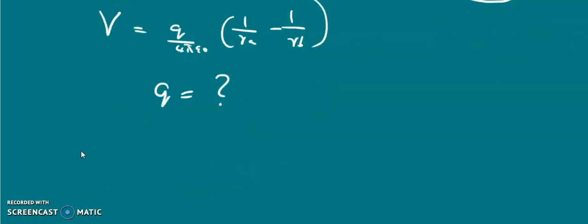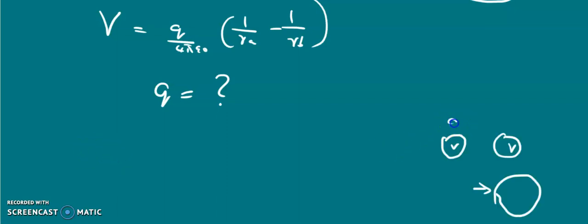The next question is that two small drops, each having a charge Q and a potential V, are combined to form a bigger drop. Find the potential of the bigger drop.